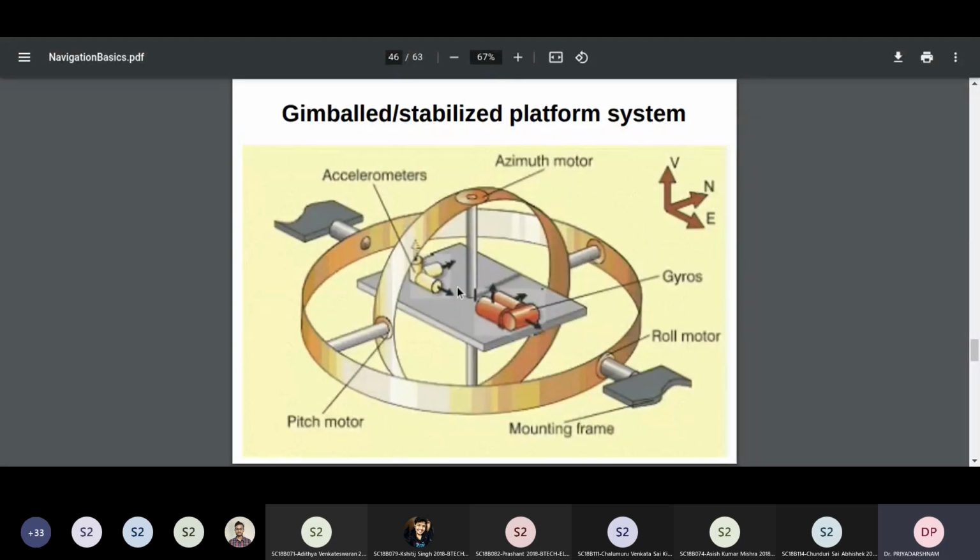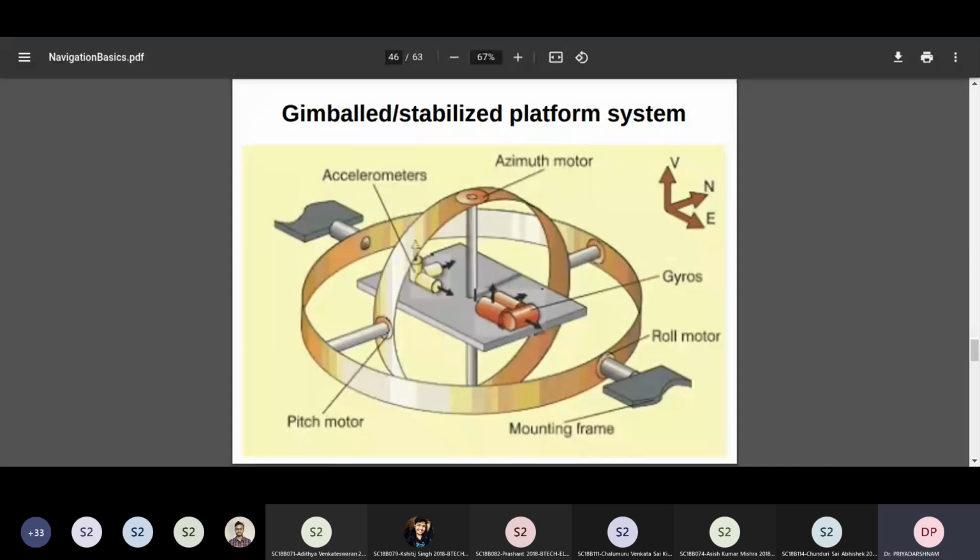For your navigation solution, let us assume that every 100 milliseconds you need the acceleration values. Your innermost rotary loop should be 10 or 100 times faster, so that whenever these accelerations are measured, the platform will be almost in the stable direction, that is the initial orientation.